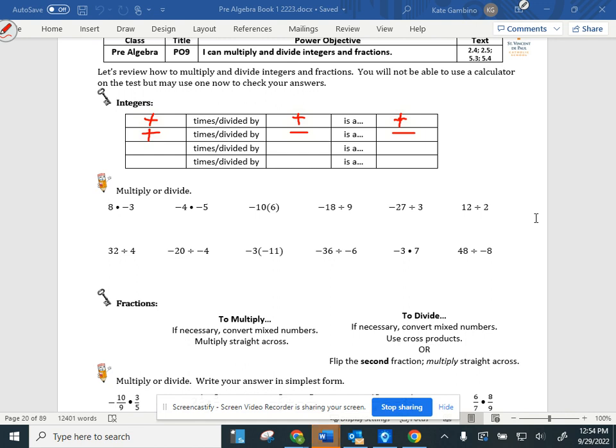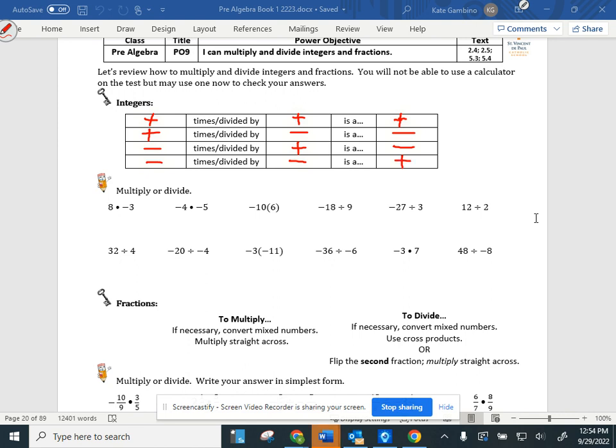When we have a negative times or divided by a positive, our answer will be negative. And when we have a negative times or divided by a negative, our answer is positive.